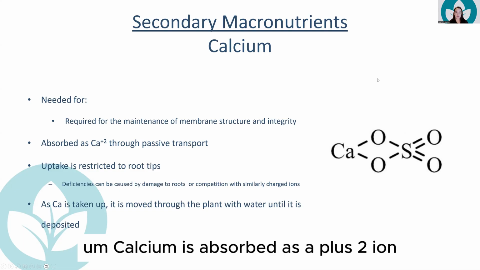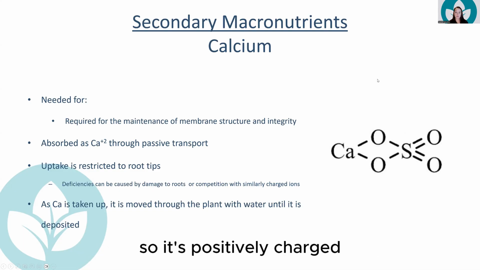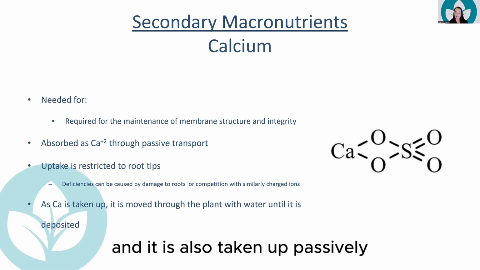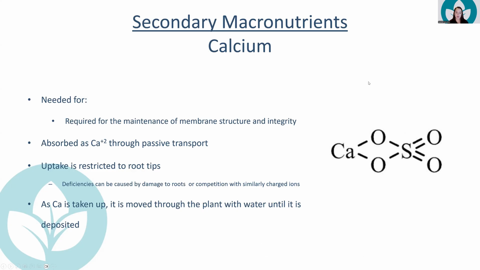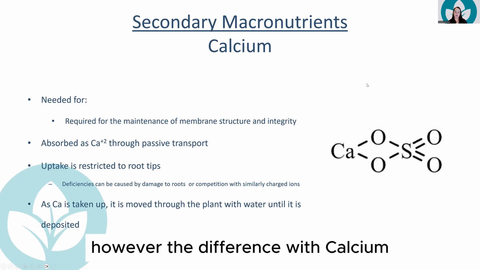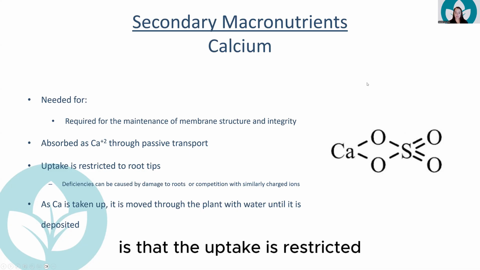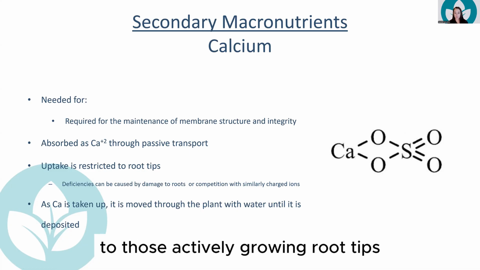Calcium is absorbed as a +2 ion, so it's positively charged, and it is also taken up passively. However, the difference with calcium is that the uptake is restricted to those actively growing root tips.